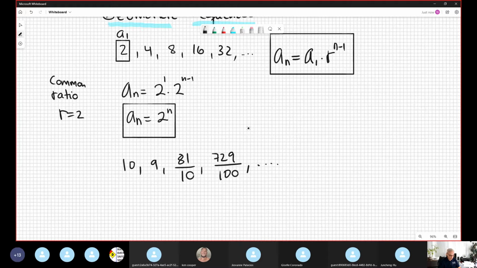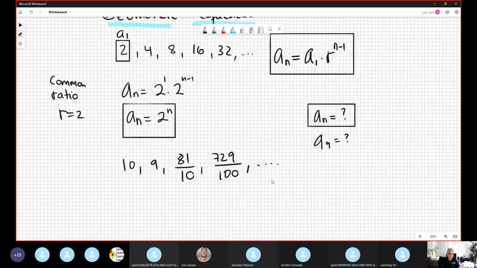And secondly, find the explicit formula for A sub n, and compute any position, for example position 9. The numbers are weird, but don't be scared of this.